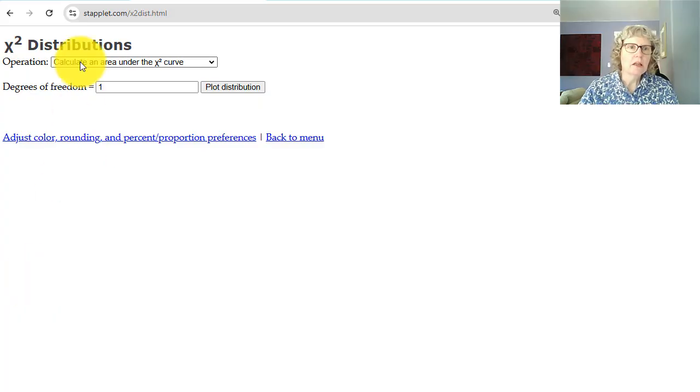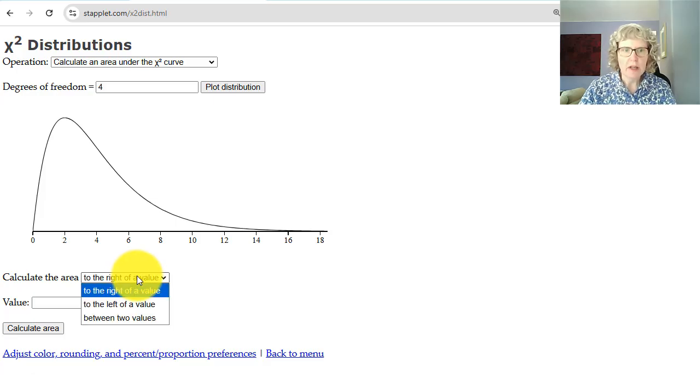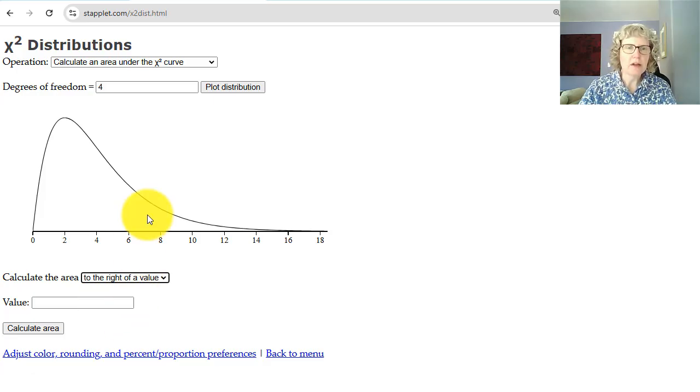Okay. Calculate an area, so a p-value is an area. Now, oh, we need to know degrees of freedom. Well, they said 4, right? GeoGebra told us 4, okay? I'll explain why in just a moment. Now, this is always a right tail test. There are options, but because we're talking about the amount of error or difference, 0 is the smallest it could be, and we're always going to the right.